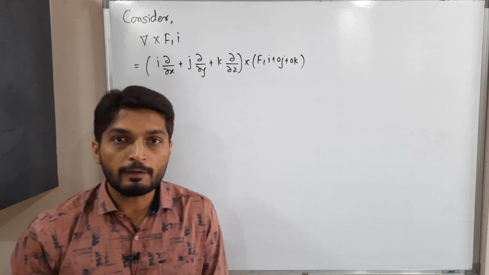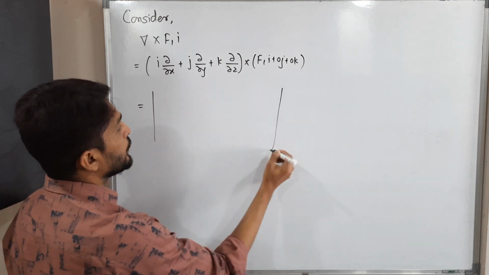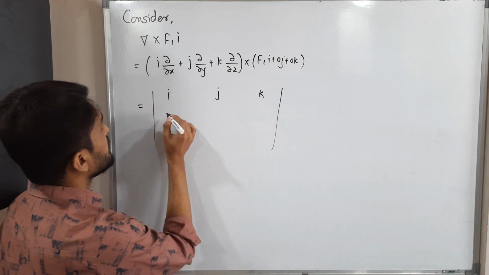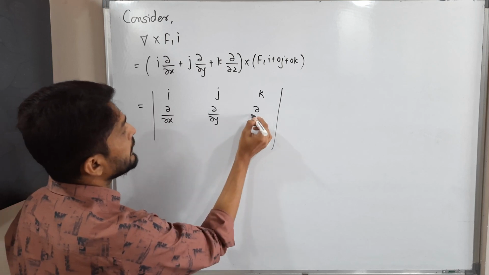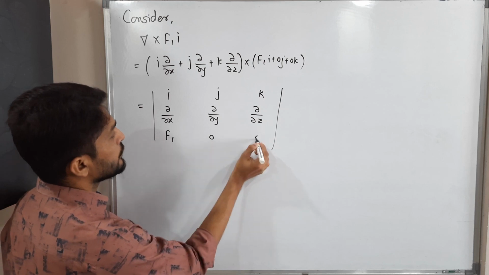You know well how to find the value of a cross product by solving a determinant. The first row is i, j, k, the second row is the multiples of i, j, k in del, and the third row is the multiples of i, j, k in the second vector, that is f1, 0, 0.